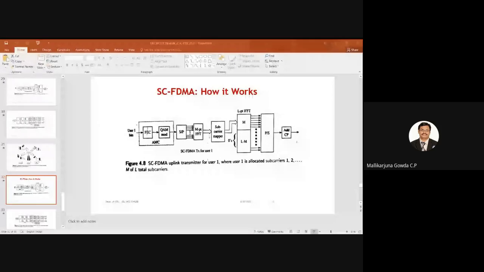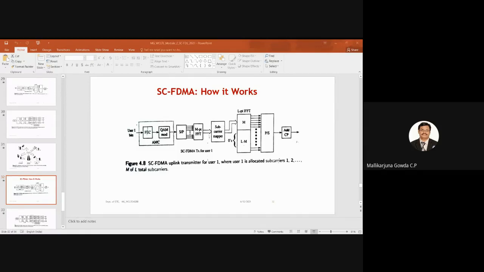I don't know how many of you remember why we prefer SCFDMA for uplink. Why not OFDMA? I told you one reason is PAPR, the peak to average power ratio. In the case of OFDMA, it is more. When PAPR is more, it demands a highly linear power amplifier.